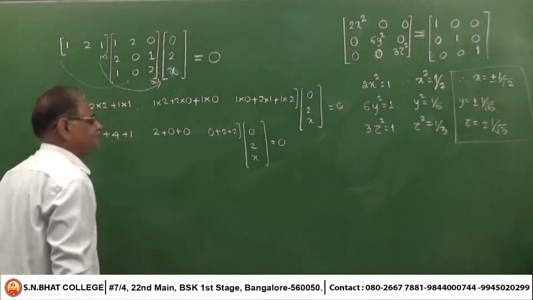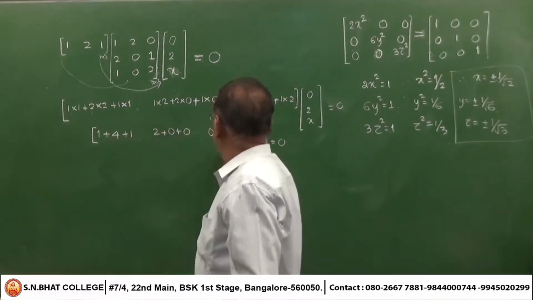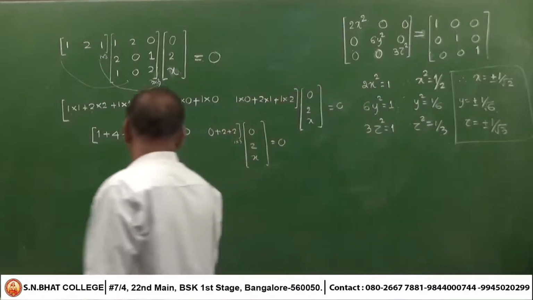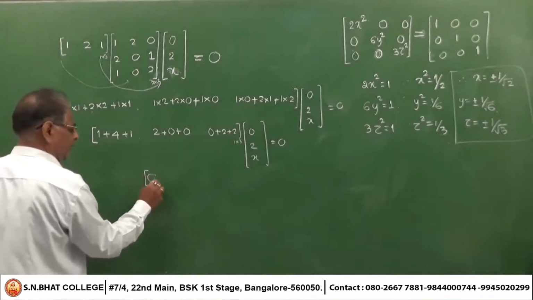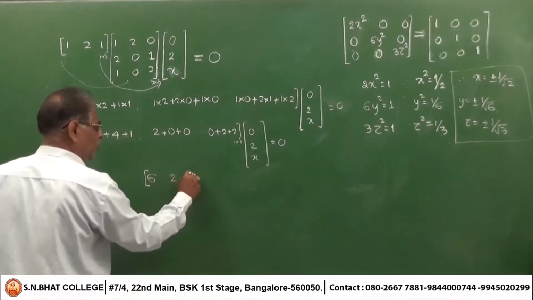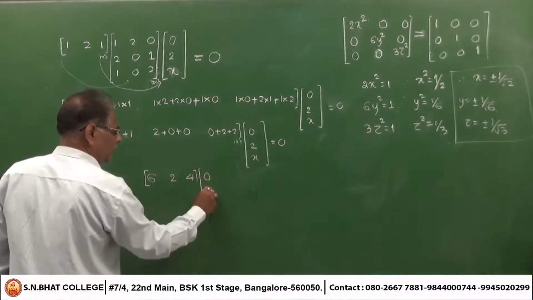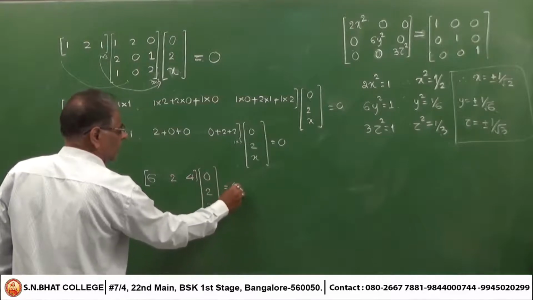Simplify all these three. This is 1 row with 3 columns. This is 1 cross 3. Again, if we simplify, you will get 1 plus 4 plus 1 is 6, 2, 4, into 0 2 x is equal to 0.